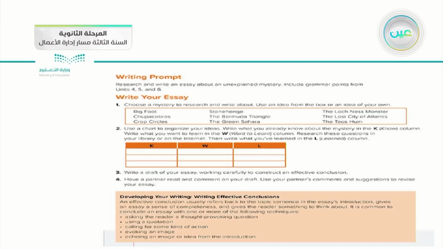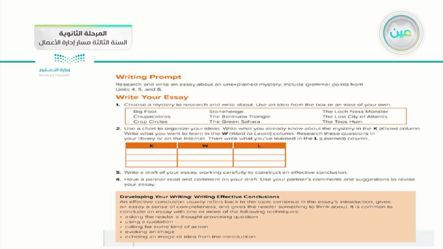The first one: they give a title. Look at that one. We have maybe nine ideas for your essay if you would like to write about them, or you can use your own ideas. Choose a mystery to research and write about. Use an idea from the box or an idea of your own.